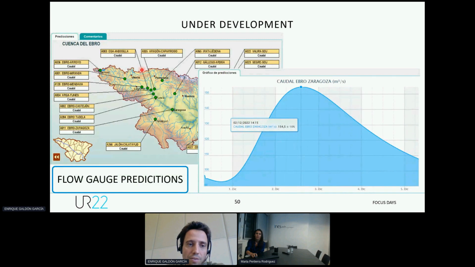This is the longest river in Spain, which is Rio Ebro, and in this case, each dot is a different gauge. And as you can see here, I took this picture yesterday. So we can have a flow prediction for up to 5 days. Okay, 5, 6 days.